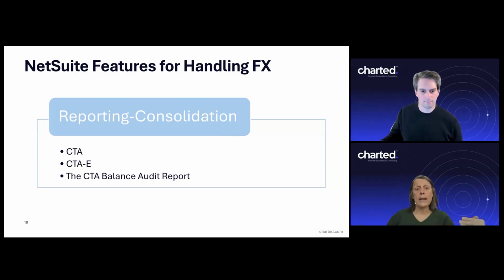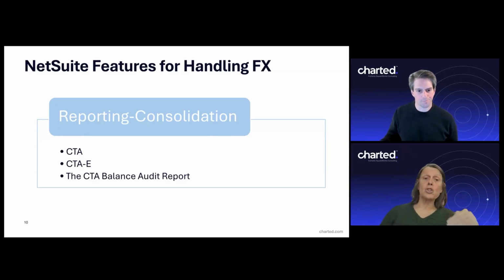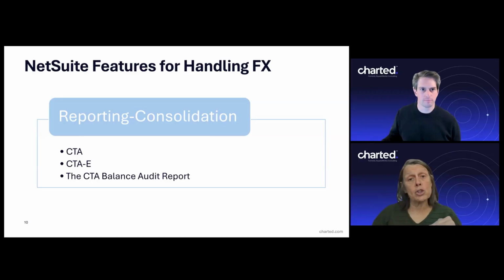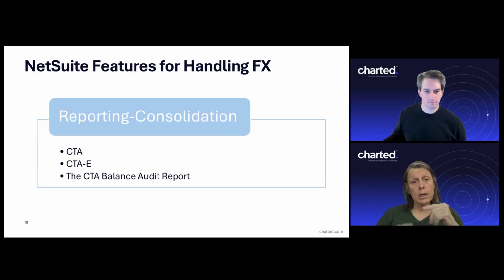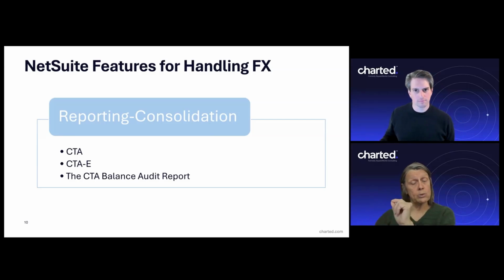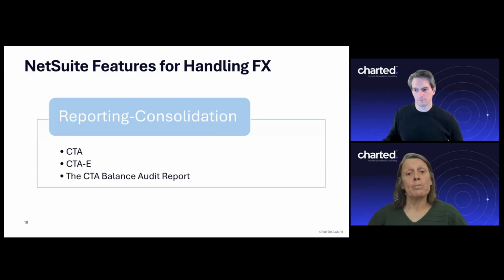So when I eliminate the $1,000 in that reporting currency, I have a $1,000 receivable on the parent, a $1,000 payable on the subsidiary. My elimination is 1,000. There is no CTAE.